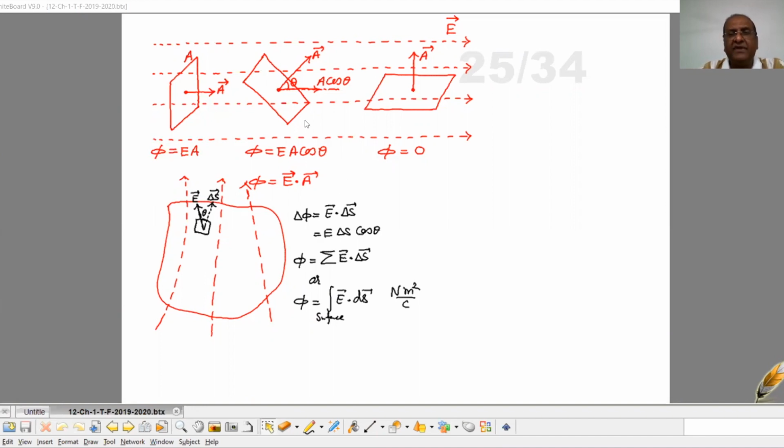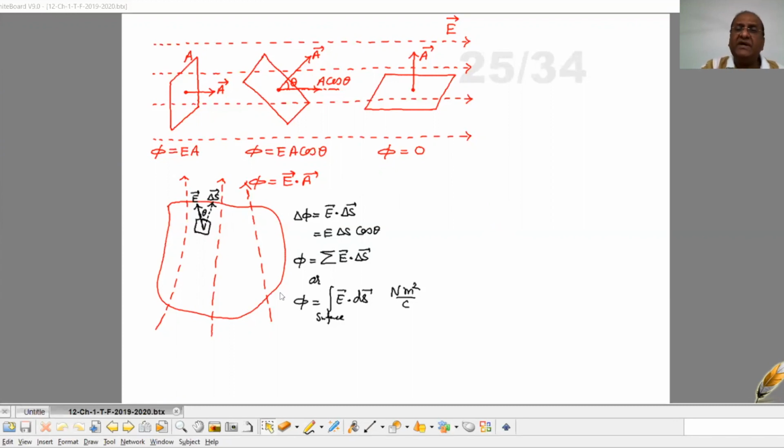Then if the area vector is making an angle theta with respect to the field, then the flux passing through the surface will be obtained like this. And if the area vector is perpendicular to the field, then theta equals 90, cos 90 is 0. So the flux passing through the surface is 0. So we can write flux phi is E dot A. Flux is a scalar quantity. Clear?